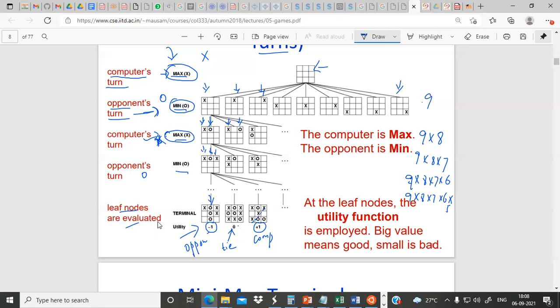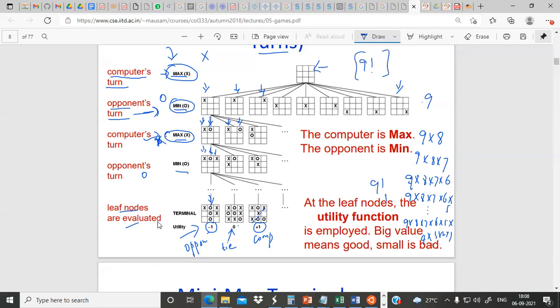It goes on like this until it becomes 9 into 8 into 7 into 6 into 5 into 4 into 3 into 2 into 1, which is nothing but 9 factorial. So the total number of states for the tic-tac-toe problem is 9 factorial.